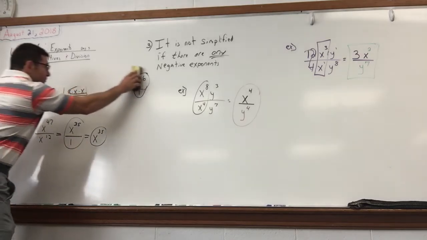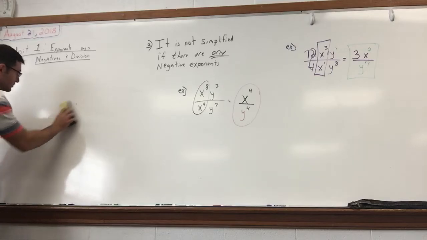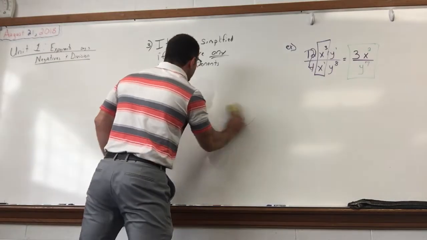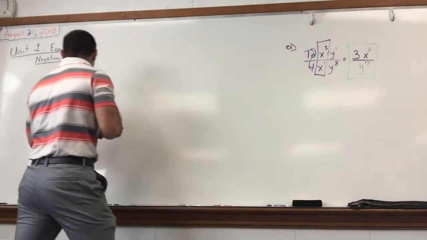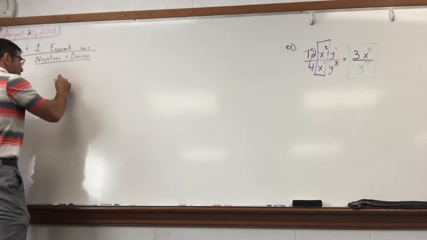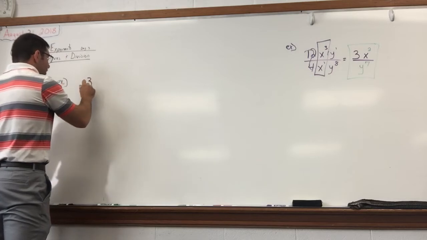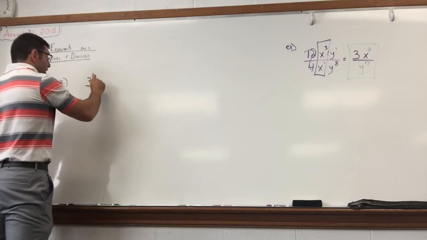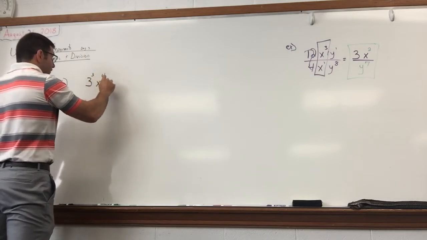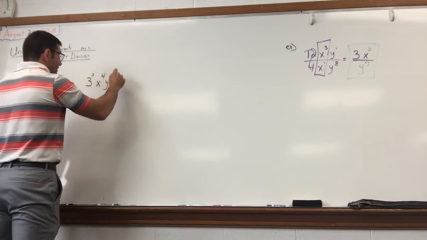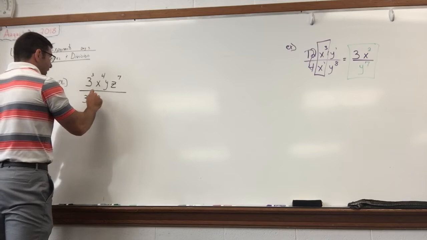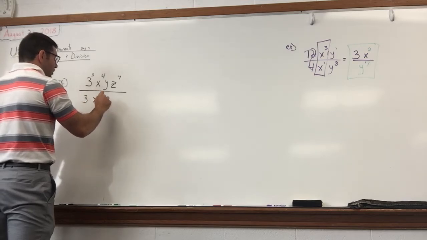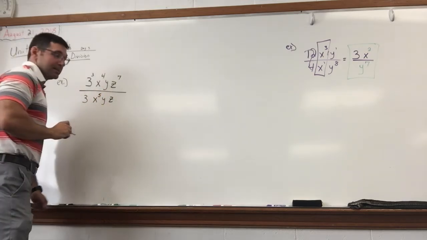So, let's do this. Just 2 to start. So the first example, example 1, let's go 3 to the 3rd. We're going to make it a little bit trickier. x to the 4th, y, z to the 7th, over 3, x to the 5th, y, z.